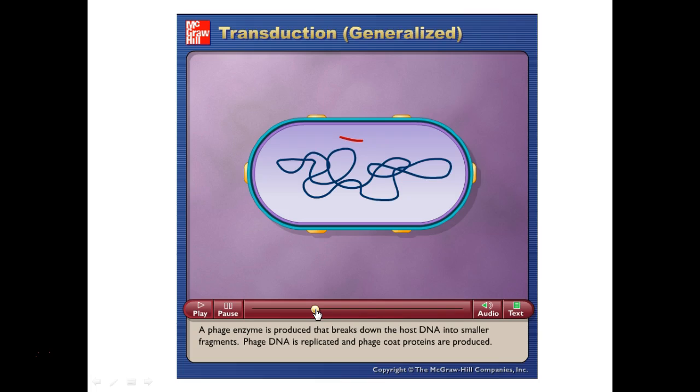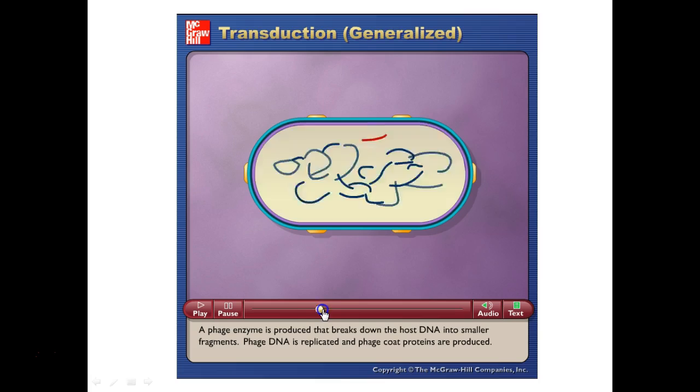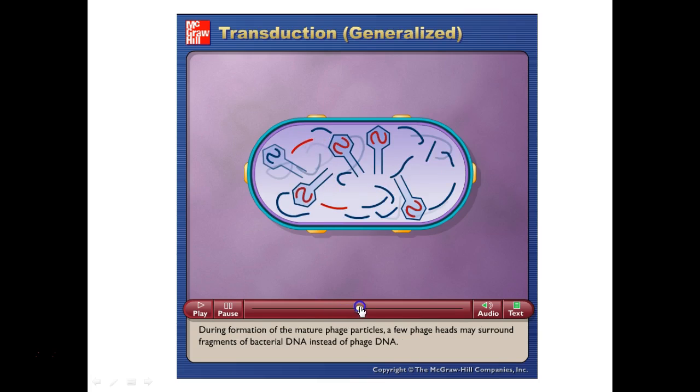It's going to make copies of its nucleic acid, copies of its protein for its protein coat. In that process, sometimes instead of the DNA for the virus, it accidentally picks up bacterial DNA from the bacterial cell it's infected.